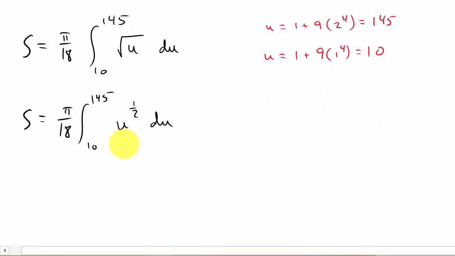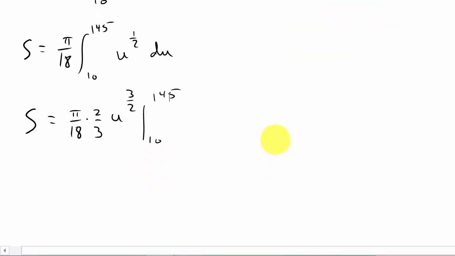Alright, so now we're ready to integrate. The surface area is pi over 18, and that's u to the 3/2, add 1, then multiply by the reciprocal of the exponent, so that's 2/3, from 10 to 145. And so this gives me a surface area of pi over 27 times u to the 3/2 from 10 to 145.